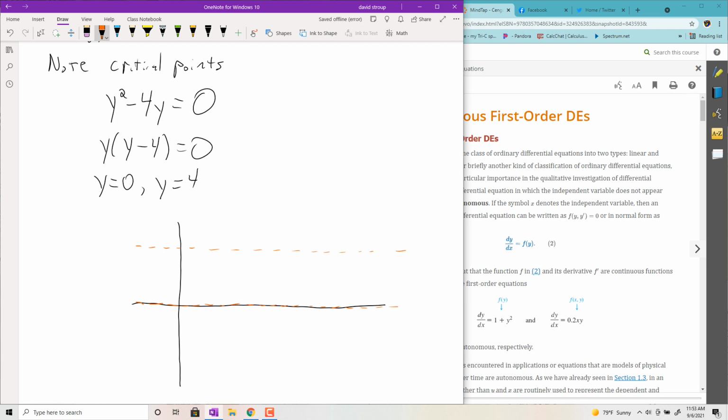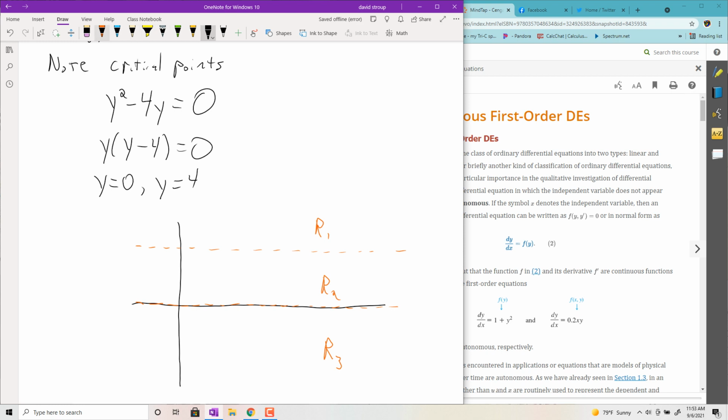And then in the in-between regions, there are going to be 3 regions, R1, R2, and R3. Because of the continuity that we've assumed, we can say that the solutions in those regions will all have the same behavior. They'll be going up or down.